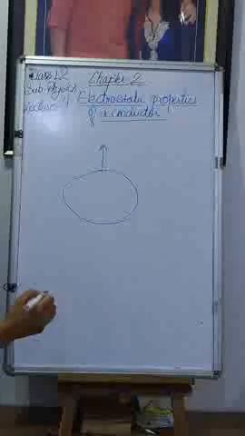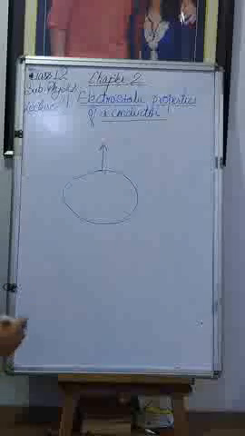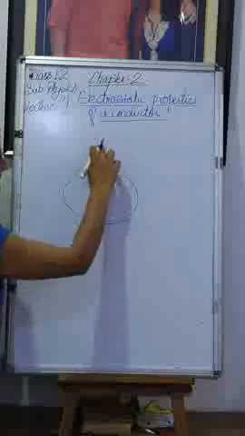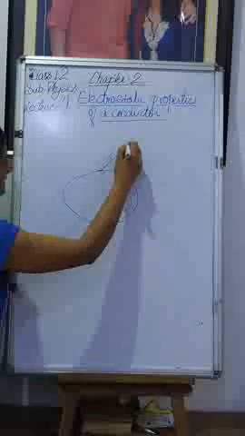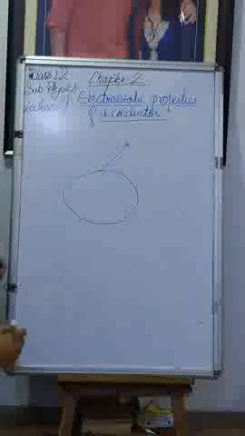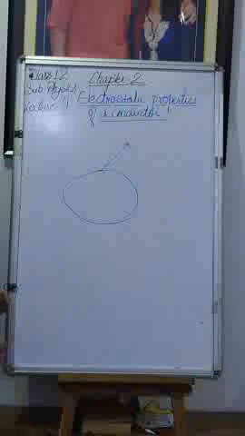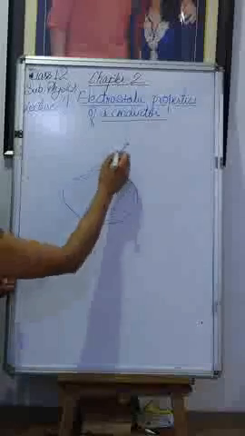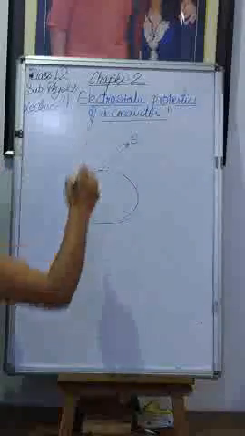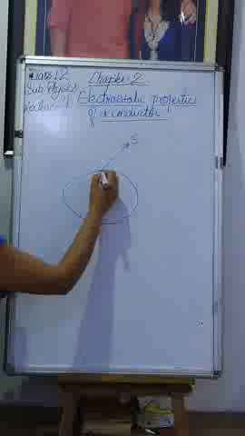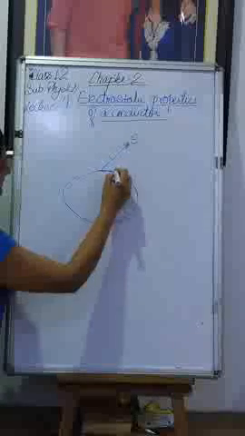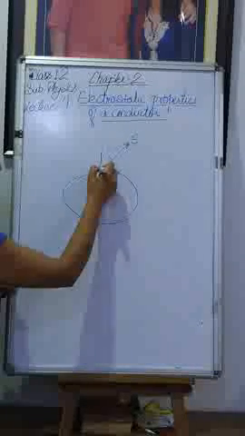To prove that, suppose the electric field is not normal but at some other direction making a certain angle with the surface. Then the electric field has a non-zero component along the surface and one component along this direction.